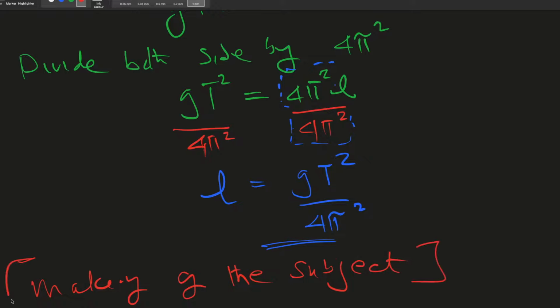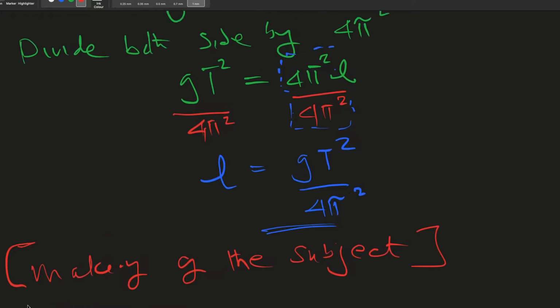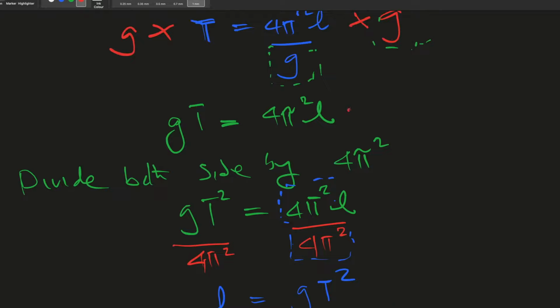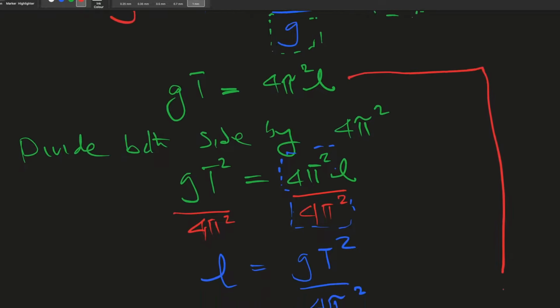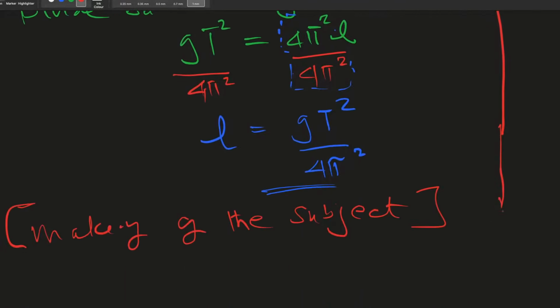Okay, making the G the subject, we know that at a certain point from this line, we were able to derive that GT is equal to 4 pi squared L. Okay, we were able to do that.